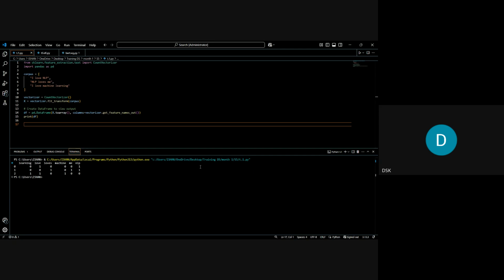CountVectorizer ignores single-character words like I by default, and lowercase is equal to true, and the punctuation is stripped. So it treats I as unimportant.